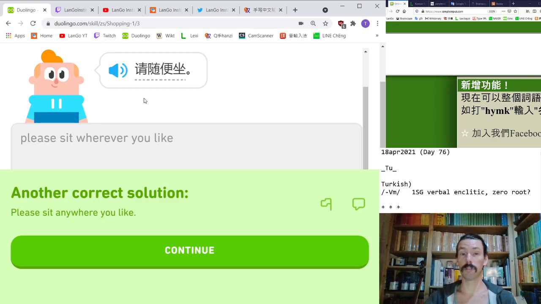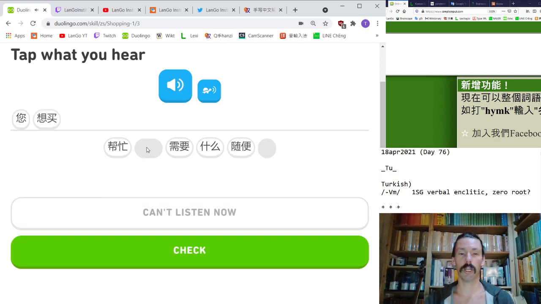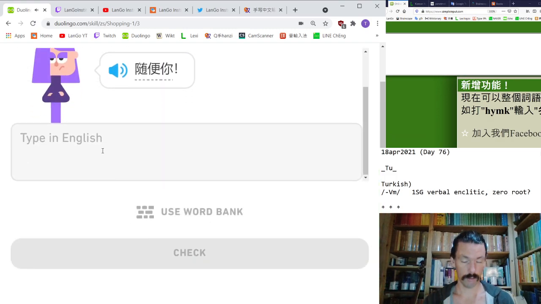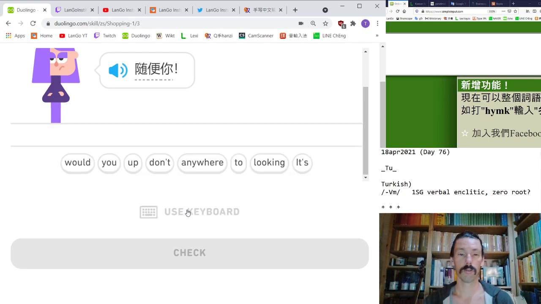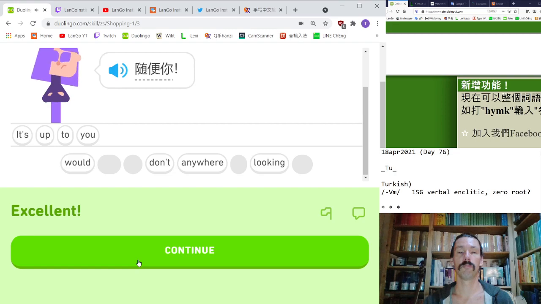So again, a verb-object phrase, if you break it down in Chinese, follow your sort of implied convenience. 您想买什么？想买 is really a compound, but want and then to buy. 买什么？您想买什么？什么？随便你。随便你, suit yourself. Let's word bank this. It's up to you. So whatever's convenient unto you.